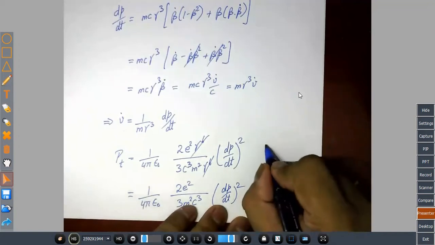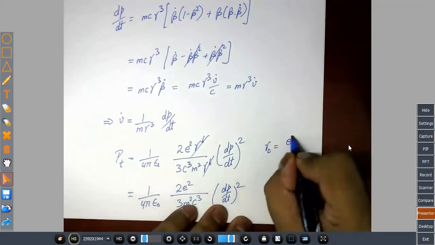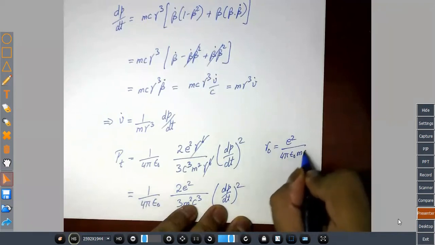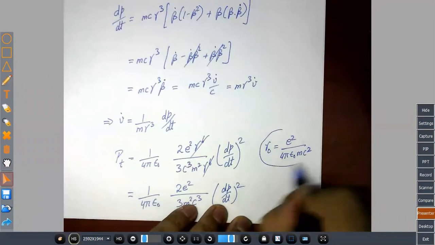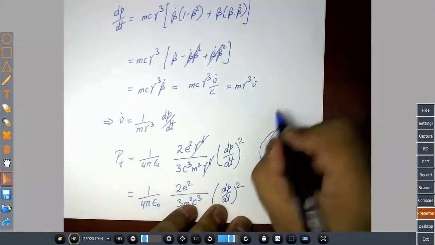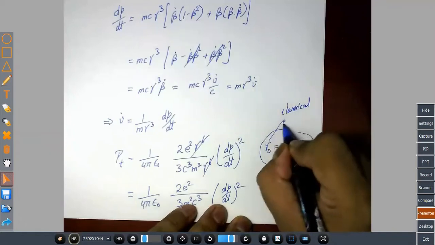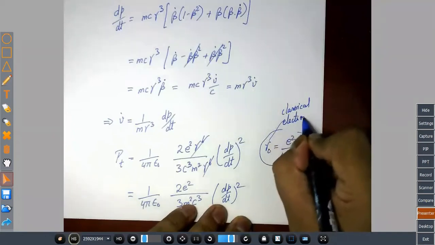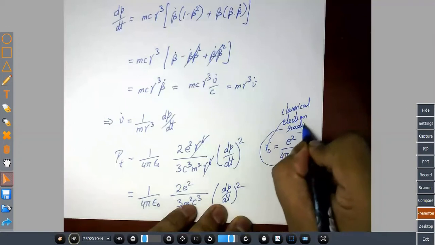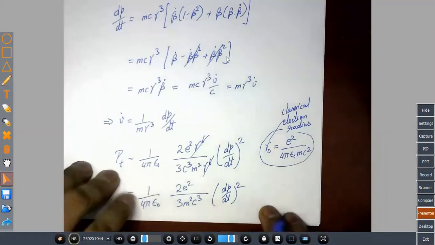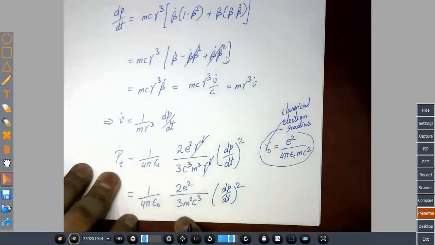We define a quantity. This quantity is the classical electron radius, and we will substitute this in here.